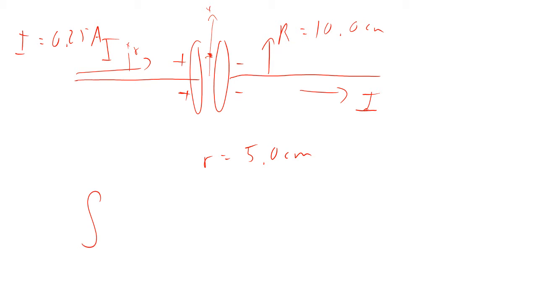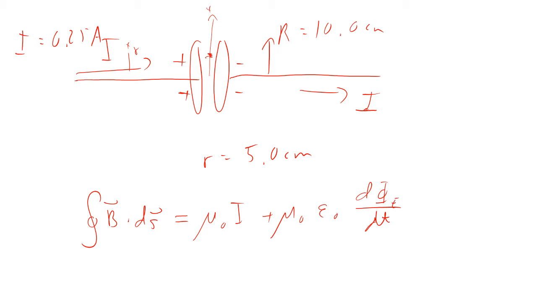Remember, the integral of B dot ds equals mu naught I plus mu naught times the displacement current. The displacement current we also said was epsilon naught times the derivative of the electric flux. And so this right here is our displacement current.